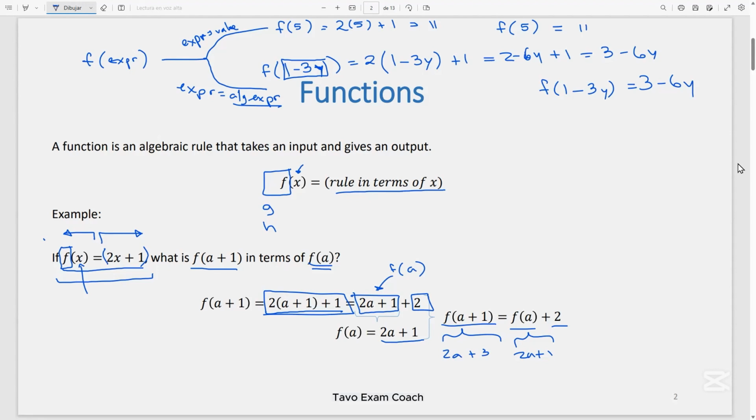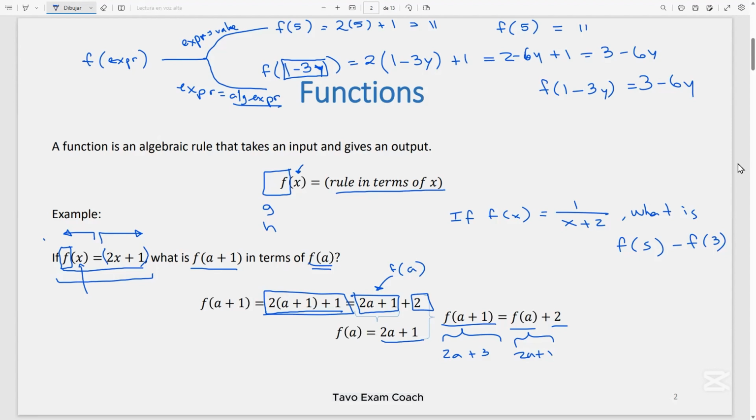Another possible question might be to evaluate certain operations with the output of the function, but with numeric inputs instead. For example, if f of x equals 1 over x plus 2, a question might be, what is f of 5 minus f of 3?